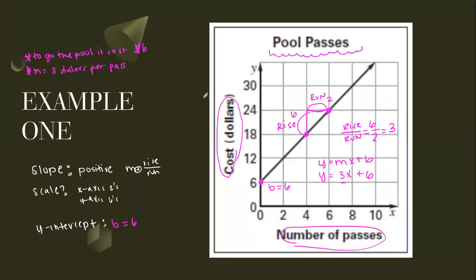And it costs $6 to get into the pool. I'll go ahead and tell you that for the assignment today, it's a quiz about interpreting graphs. So if you're not understanding, make sure that you ask a question. So my y-intercept tells me how much it costs to get in, and the slope is telling me it's $3 per pass once I get in.